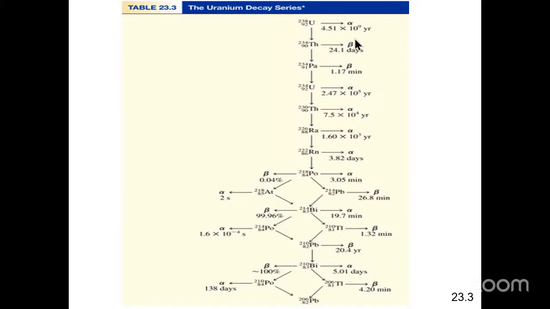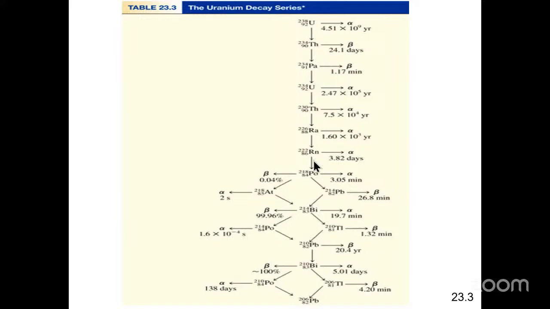This is the result when you start off with uranium-238. It forms an alpha particle and another product, thorium-234. That also undergoes a beta decay to form this particular nucleus, whose name I can't recall right now, and so on and so forth.